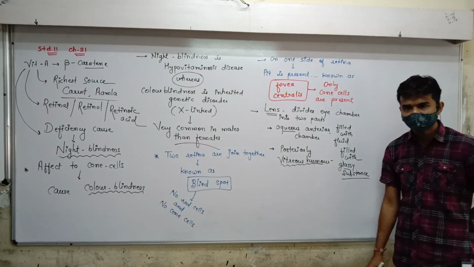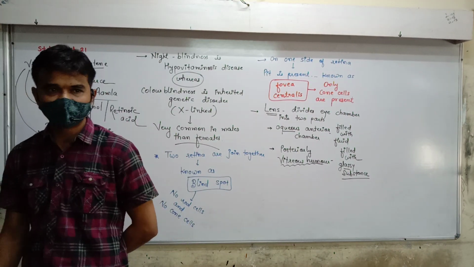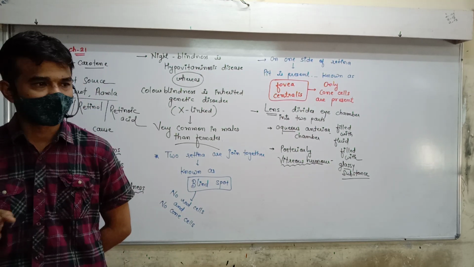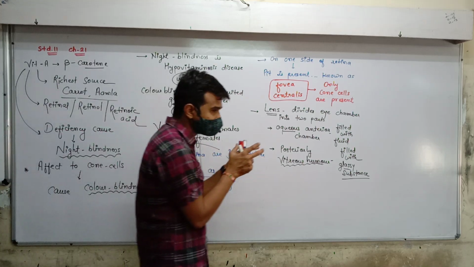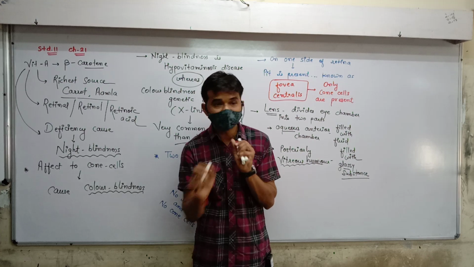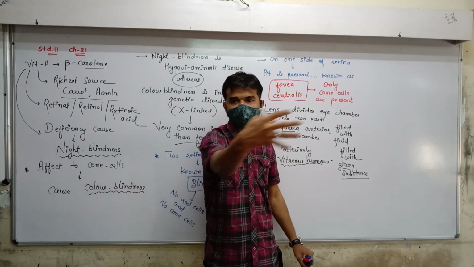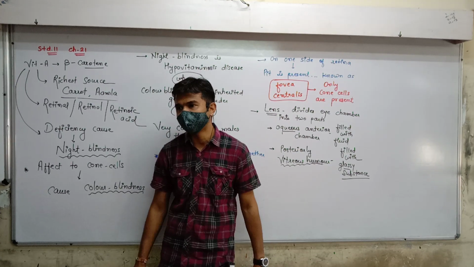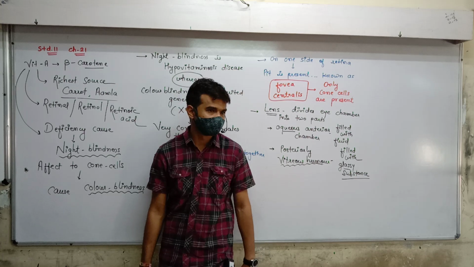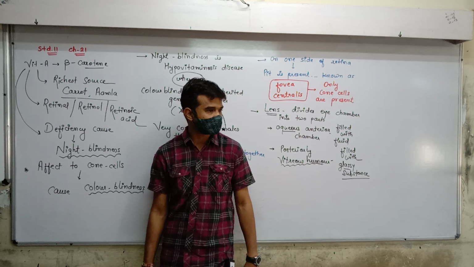Many times it happens that due to accumulation of salts in this posterior vitreous humor, the deposition of salts prevents the transmission of the light rays and their focus over the retina. And a person gradually loses visual capacity.